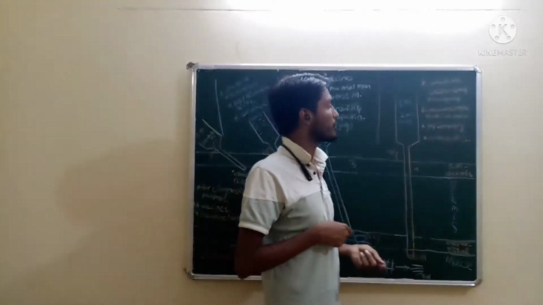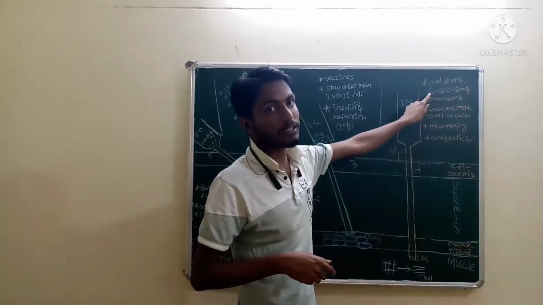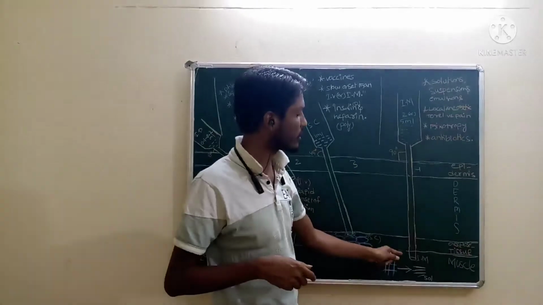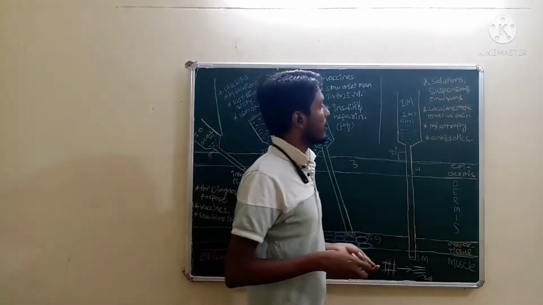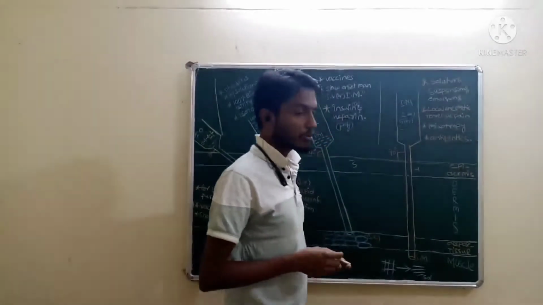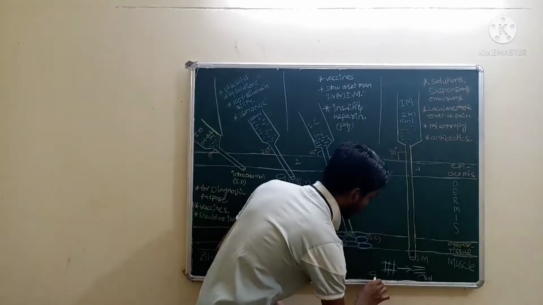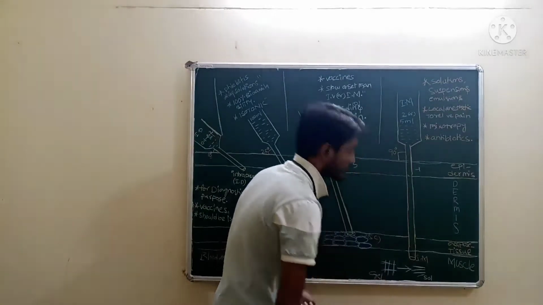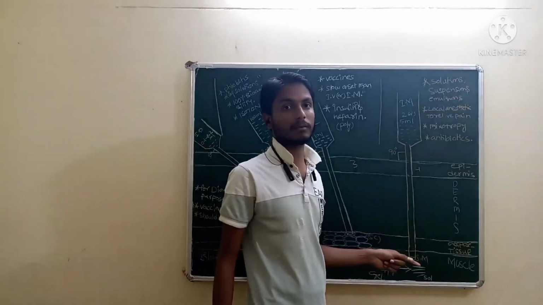Next one is thixotropy. Whatever flocculated suspension is given through the intramuscular route will exhibit thixotropy. Thixotropy is nothing but conversion of gel to sol. For this, refer to the rheology topic.